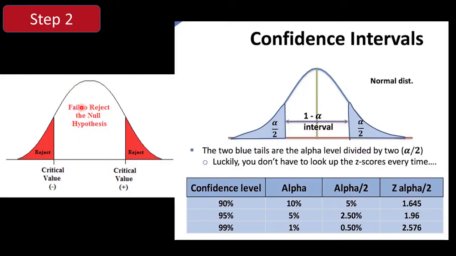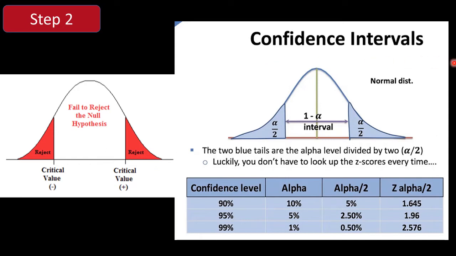Here you can see this area is the fail to reject null hypothesis area. That means we accept the null hypothesis in that area. This area is the null hypothesis rejection area. This rejection area starts with the critical value, a very important value, on the plus side and the minus side.